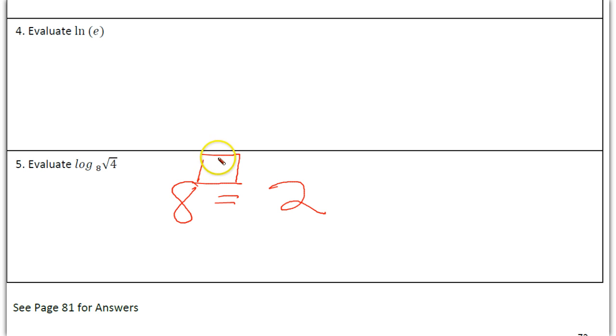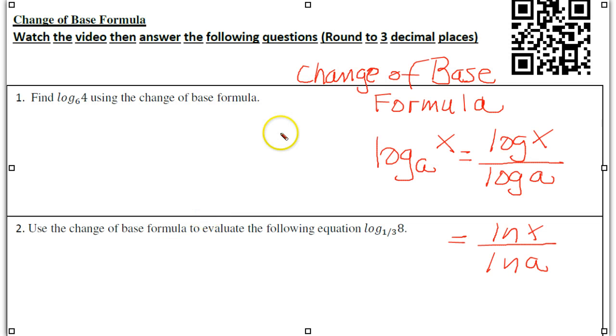And the answer is 1/3. Now you may recall from earlier lessons, this is the third root of 8. 8 to the 1/3 power is the third root of 8, which is 2. So this equals 1/3.